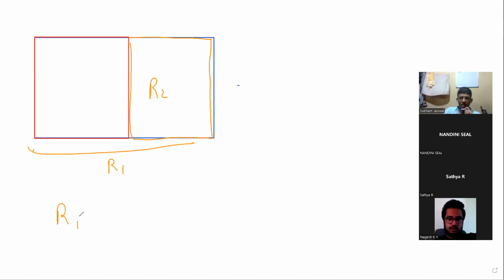So R1 is similar to R2. I'll define what similar means, but you can understand it in a vague way. A big rectangle is similar to a small rectangle means that you can take the big rectangle, turn it like this, and then shrink it, zoom it in the same ratio for both height and base, so that it becomes the smaller rectangle.